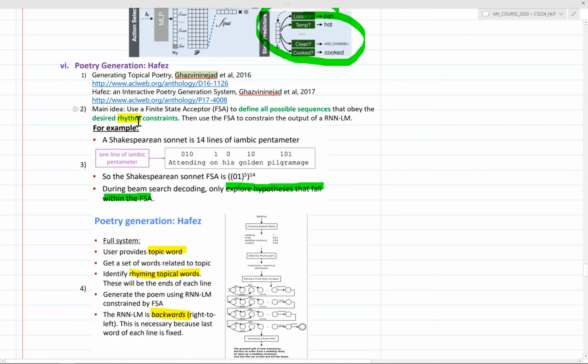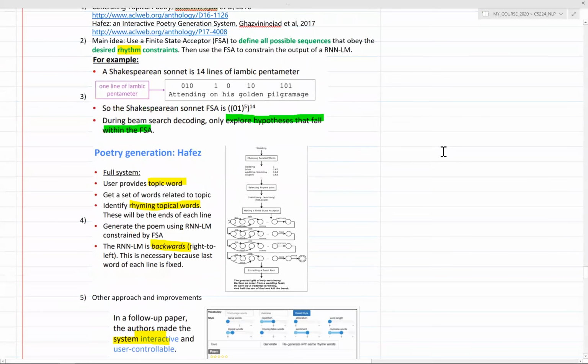And therefore, it requires the models to only explore the hypotheses that fall within the finite state acceptor, which defines all the possible sequences that only obey the desired rhythm constraints. And in this case, the full system would look like this.